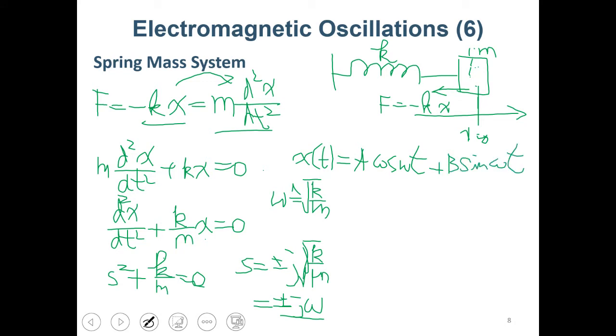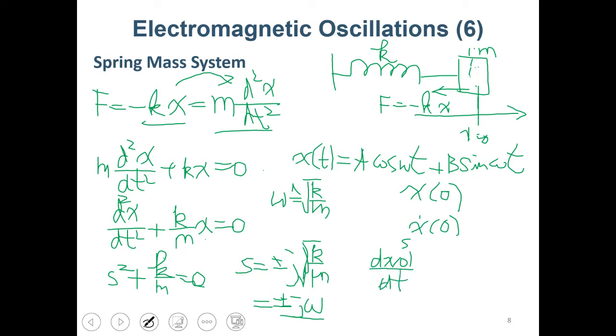It depends on the initial condition. Because it is a second order ODE, it depends on x0, or x at t0, and also the first derivative at 0, or we can write it as dx0 dt.